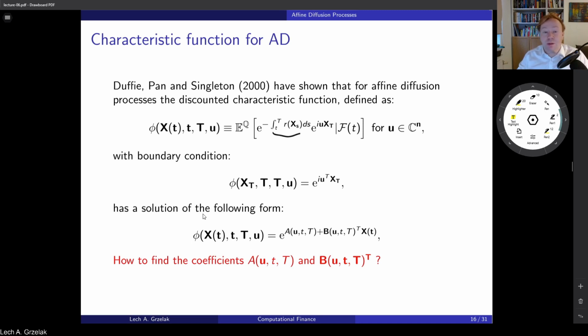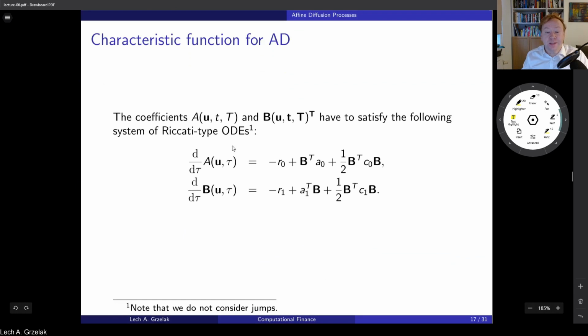We have derived A and B for the Black-Scholes model just simply by substituting the characteristic function into the PDE, which gave us a system of ODEs for A and B. However, in the work of Duffie, Pan, and Singleton, this dependence on PDE and ODEs is more explicit, and it's stated as follows. The coefficients of functions A and B need to satisfy the following so-called Riccati type of ODEs. This is an important name, Riccati type of ODEs. See that we have R0, R1, C0, C1, and A1.